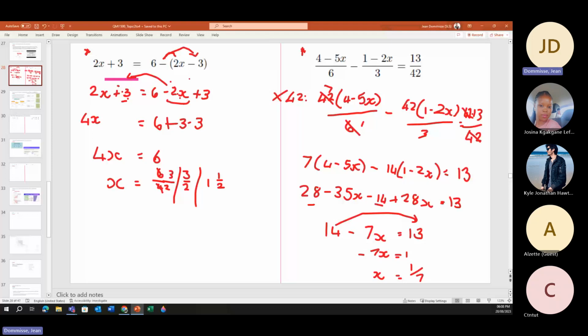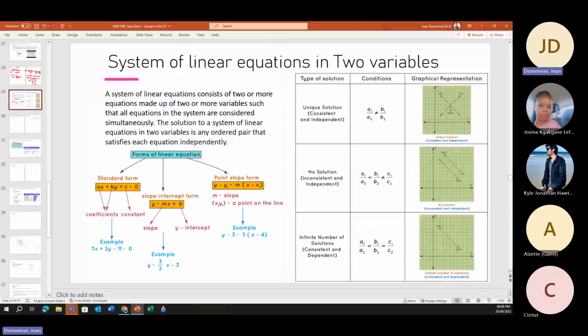So the next one that we're going to look at is where we now have a system of linear equations. What we have in this instance, and I will share this in any case after the session, are ways that you can form linear equations, and some shortcuts on things that you need to look at.